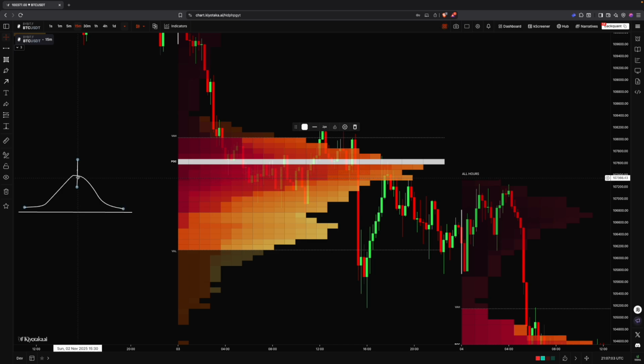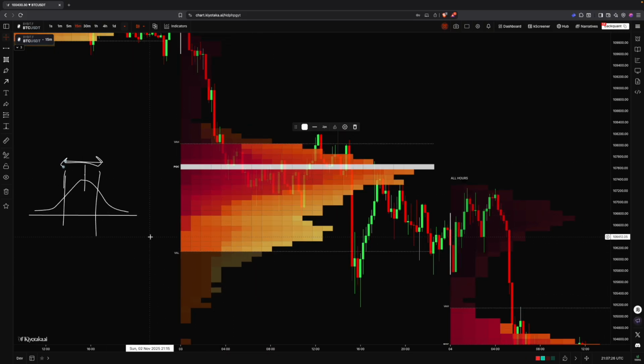This is your mean, your average price of the distribution, and you also have your first standard deviation of price, and this collectively represents 70% of the area under this bell curve, right? So the probability of outcomes, 70% of outcomes occur within this range, and that's what the value area represents.